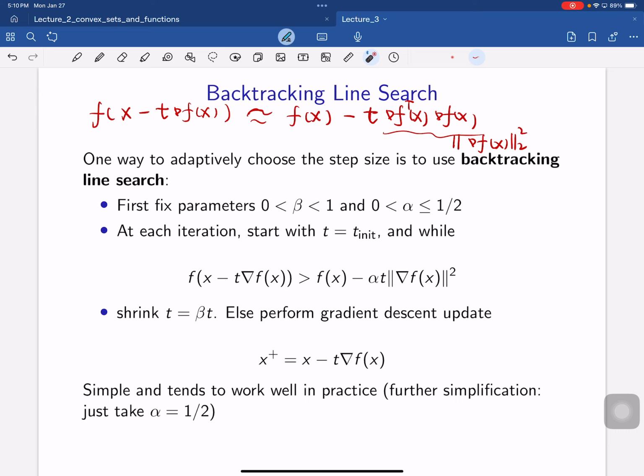So while the condition is not satisfied, you will shrink the step size t, because otherwise you go too far from the current point. This tends to work pretty well.